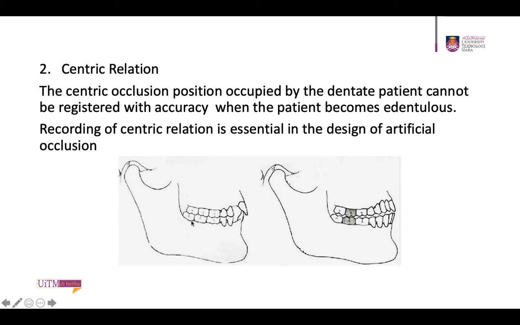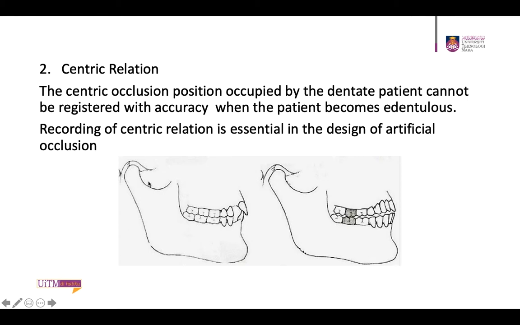When the patient lose their teeth, become edentulous, especially the posterior teeth, this positioning is very difficult. Okay, the patient will not be able to bite in the same position, or in the correct position. But what we should do is we should always get the patient to have the condyle at one repeatable position in the mandibular fossa. How do we do this? We will cover that.